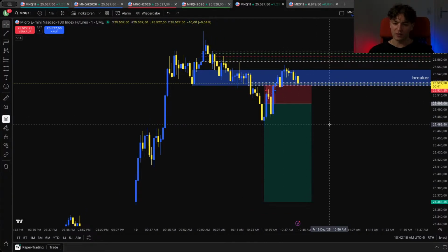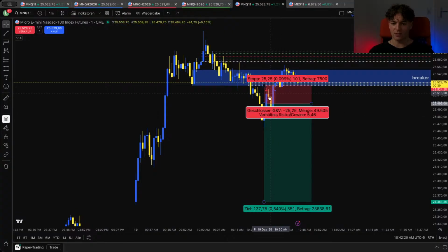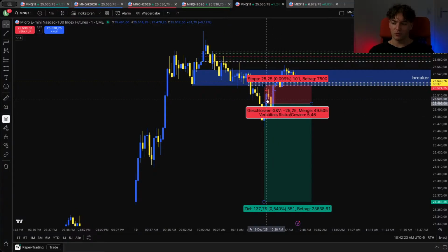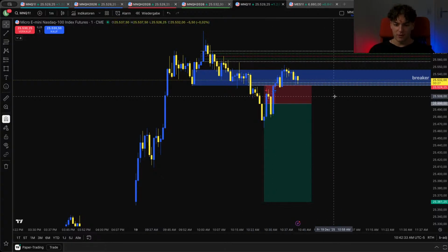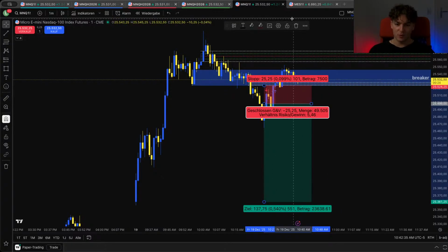Bro, in the future we will definitely catch these types of trades. Beautiful 5.5 to 1 risk to reward. We will definitely catch these trades, but apparently not yet. We are not there yet.